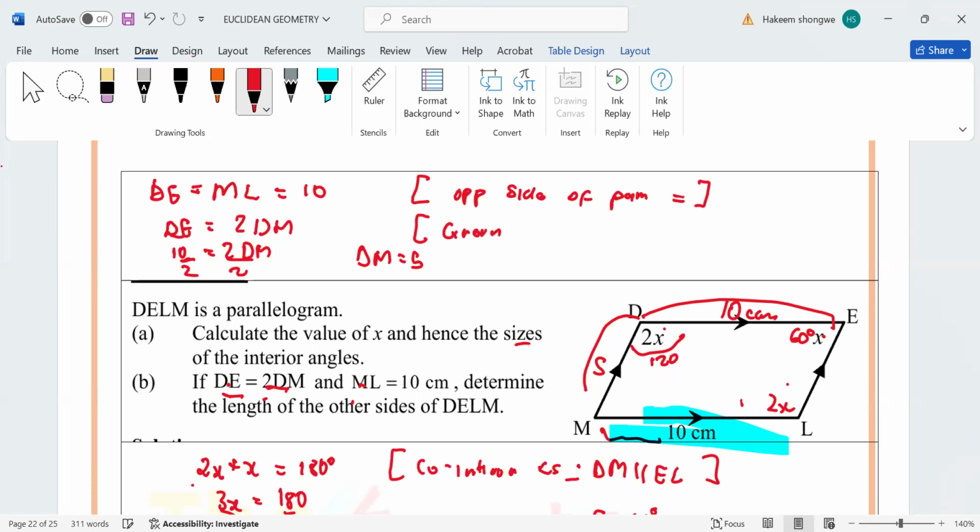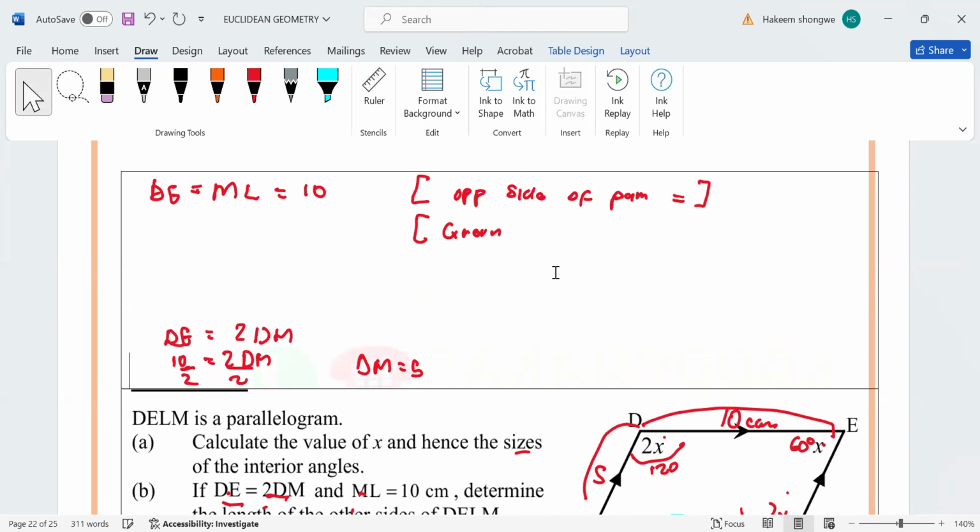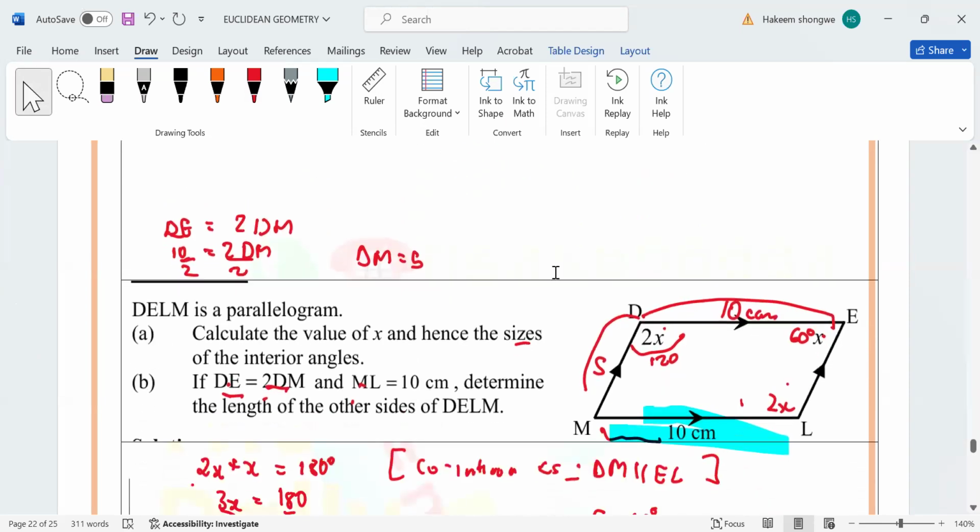But there's something which was not given, and then we just apply the theorem. What is that? EL. Okay, we can try to get EL. What is going to be EL then? EL is going to be equal to DM. You see the way I'm doing it? I'm telling them EL is equal to DM, which is equal to 5.